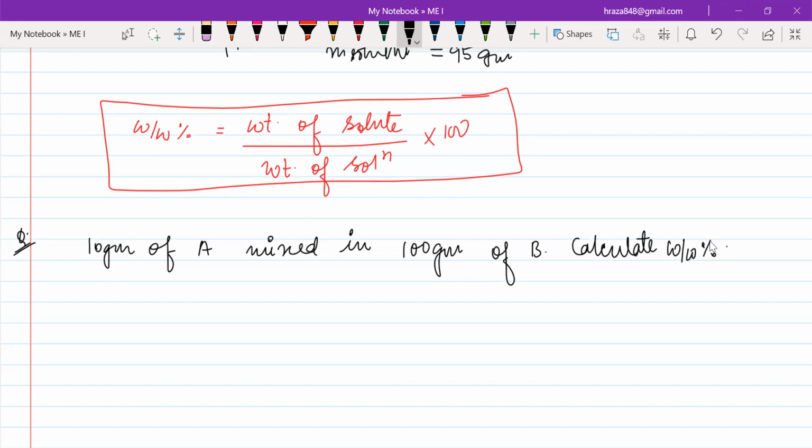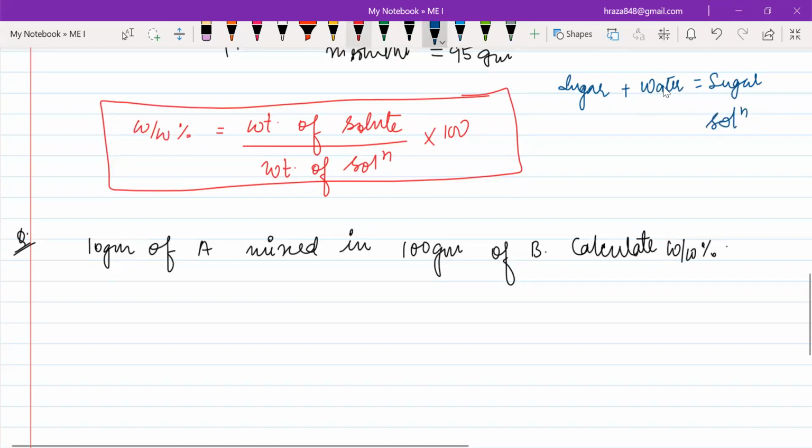Sir, 100 gram is the solute or the solvent? Tell me if you're going to have a sugar solution, can you tell me which one is solute and which one is solvent? Sir, sugar is the solute. And water is? Water is solvent.